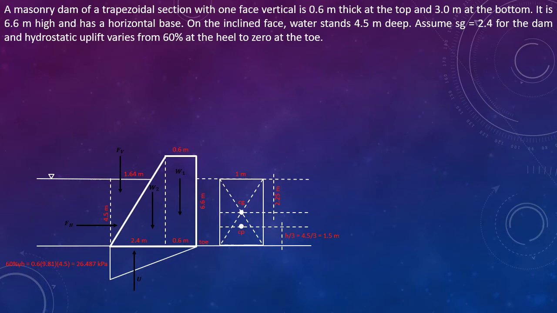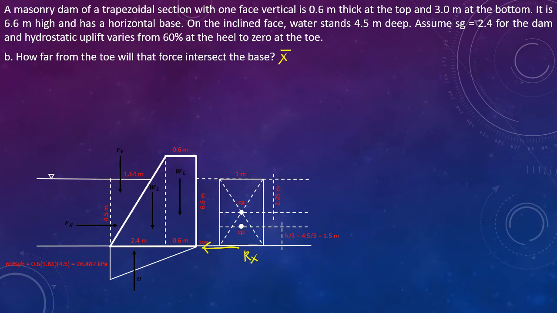For letter B, we need to find how far from the toe will the force, referring to Ry, intersect the base. This is simply x bar, which is the location of Ry from Rx. If we try to sketch Ry and Rx, this will be Rx. And from the toe, we have Ry.